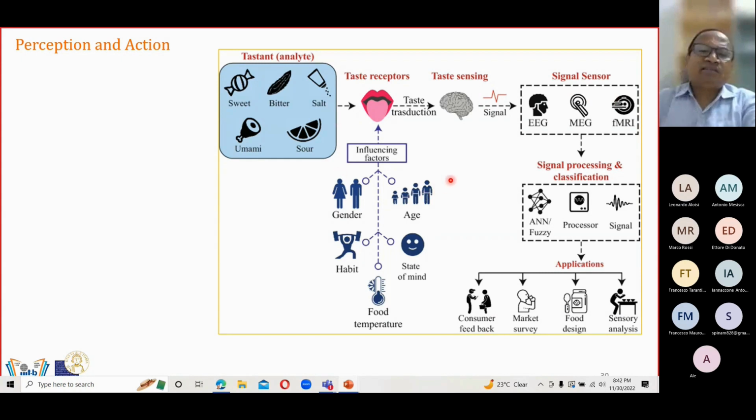And there may be many factors that can influence, like age. A particular taste can be indicated differently by different age groups. The state of mind, when you are eating and your mind is somewhere else, even if your taste is very good, but you are not stable. You are having some stress, something like that. That will also affect your taste of food. Habit, what is your habit?